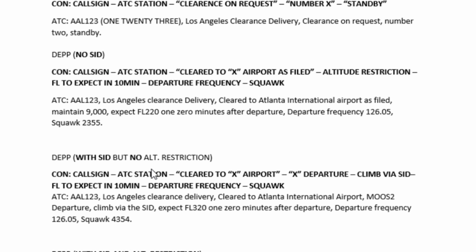But now in this one, I will give him the departure, but I will not give the altitude restriction. I will not give him the initial climb. So this one is the same as the first one. The construction, the difference is that you don't say the altitude restriction, after departure you say climb via SID. So it would be America 123, Los Angeles clearance delivery, cleared to Atlanta International Airport, SID departure, climb via SID, expect 320 10 minutes after departure, and the departure frequency and the squawk.